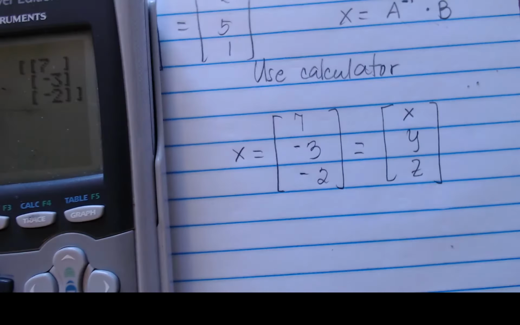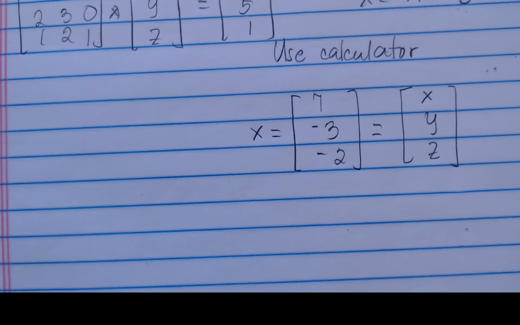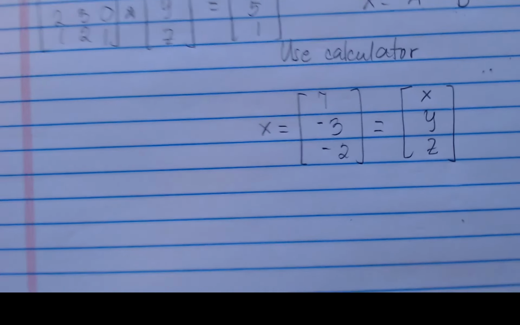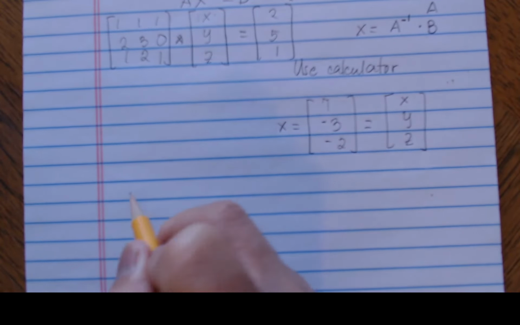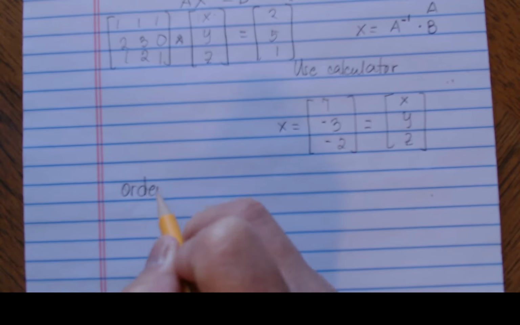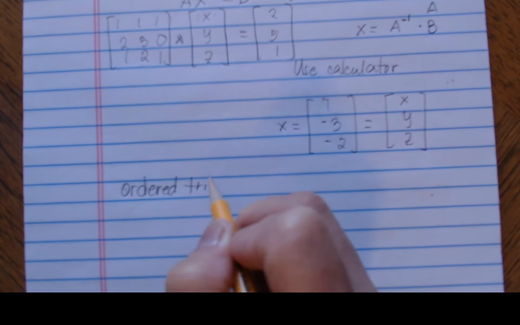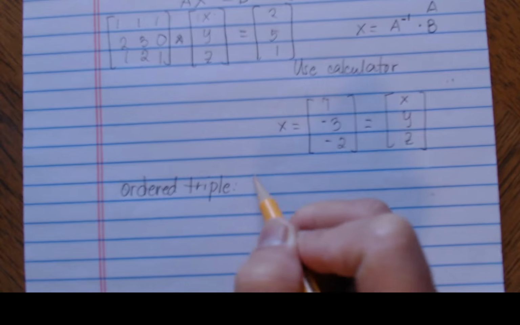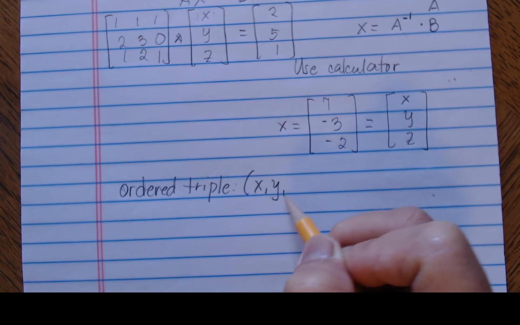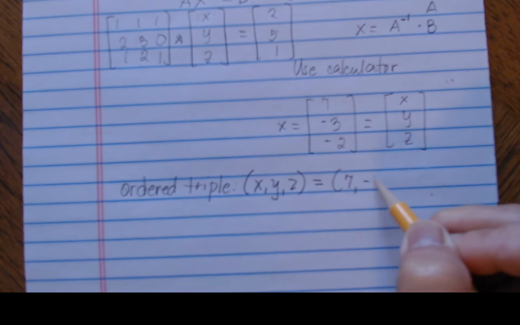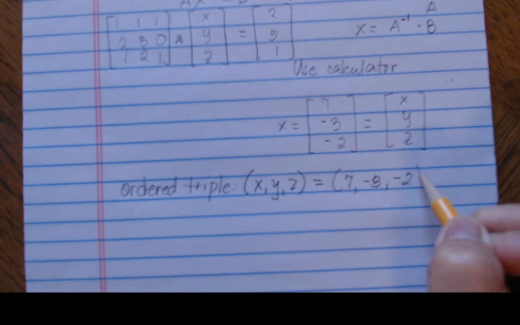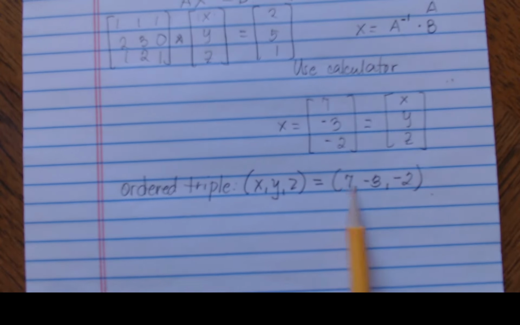Thus, our answer now is, we have an ordered triple x, y, z, and that is 7, negative 3, negative 2. That means x is 7, y is negative 3, and then z is negative 2.